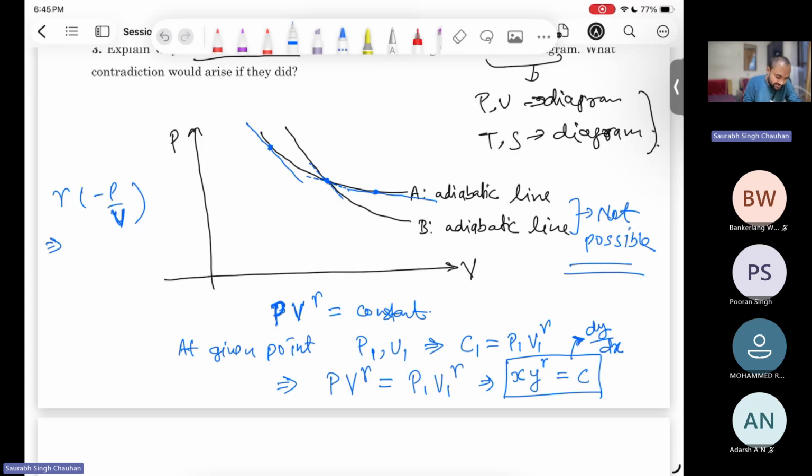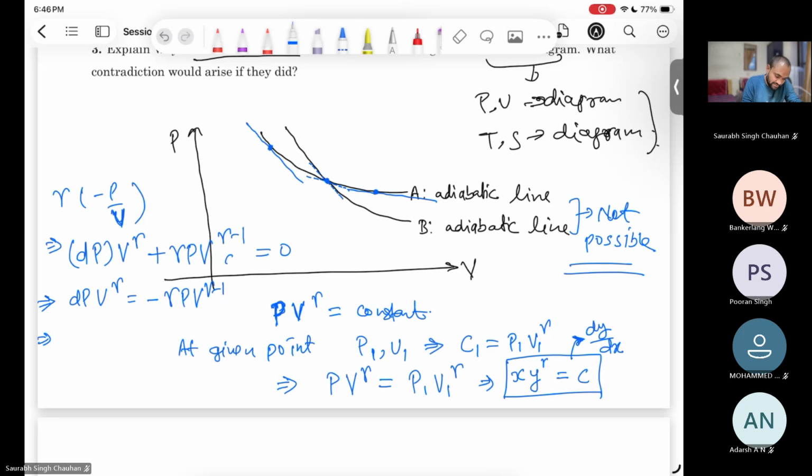So first you differentiate with respect to P, you will have dP times V to the power gamma, plus then you differentiate with respect to V, you will have gamma P times V to the power gamma minus 1 times dV, is equal to 0. So you have dP times V to the power gamma is equal to minus gamma P V to the power gamma minus 1 times dV.